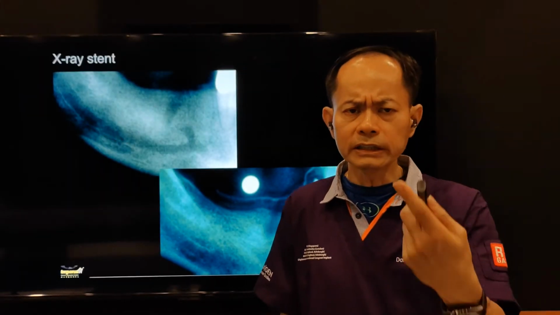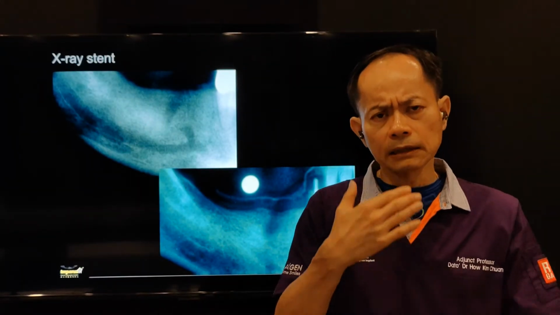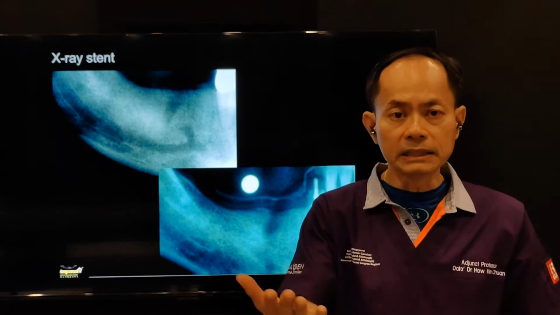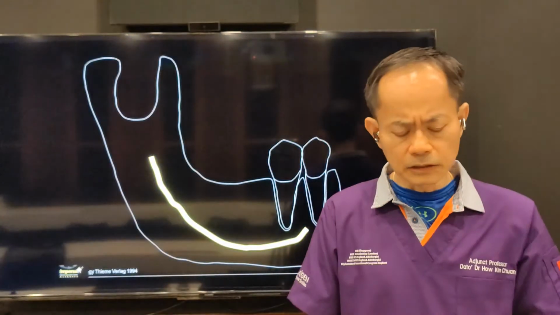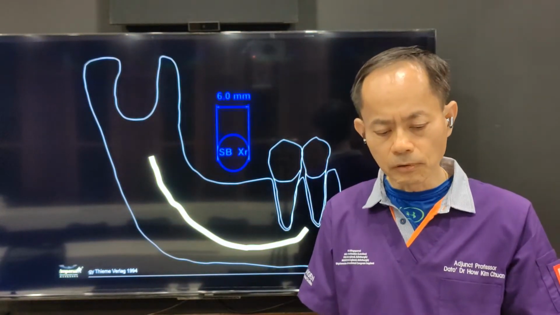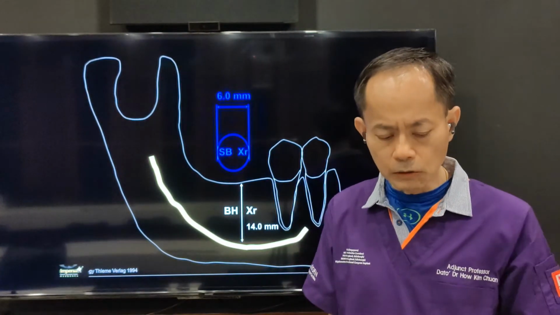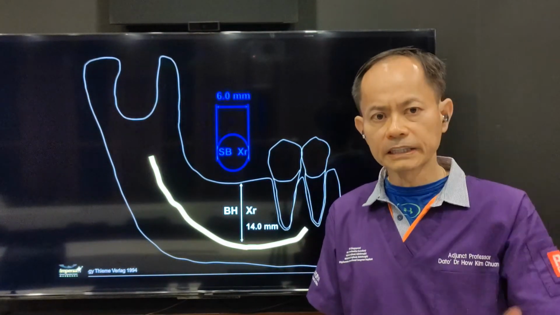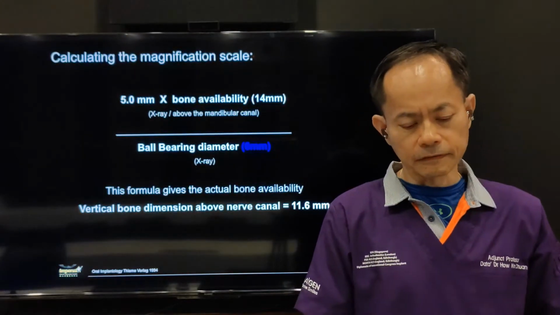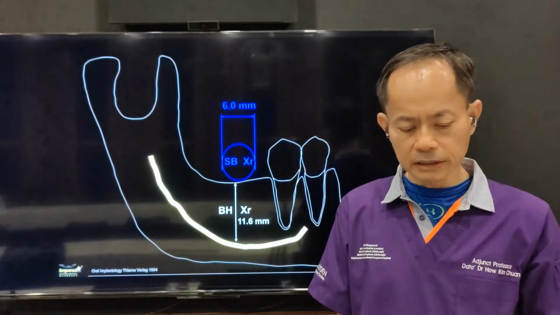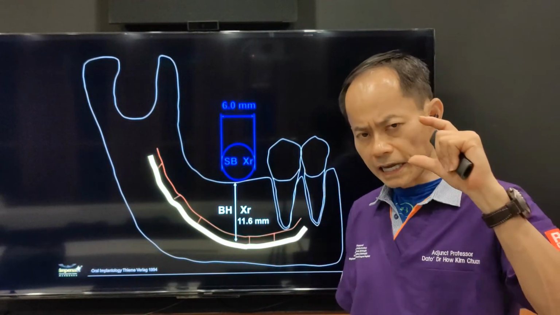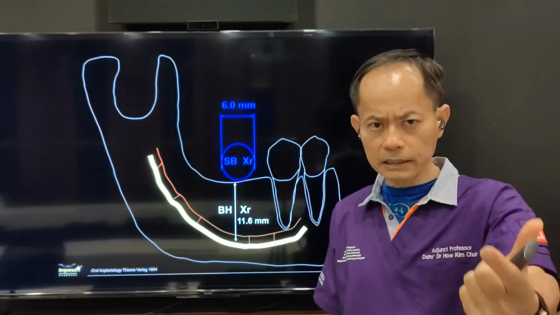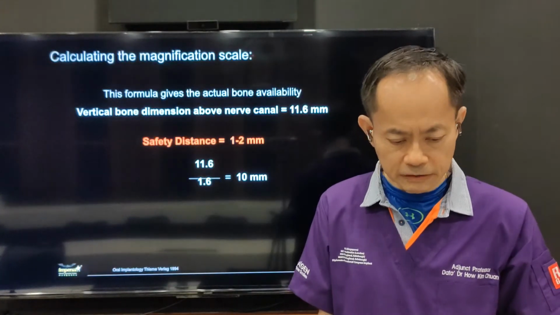Now, how do we then reduce this sort of surgical morbidity? What we do is that we can use a ball bearing here to calculate the magnification factor of the nerve. Then we measure the exact length compared to the x-ray with the magnification factor.